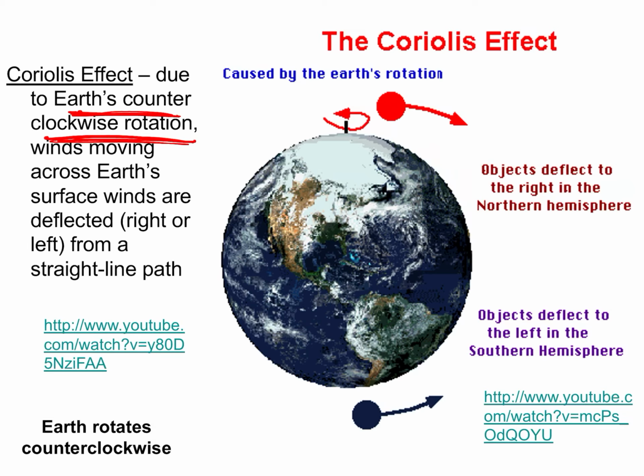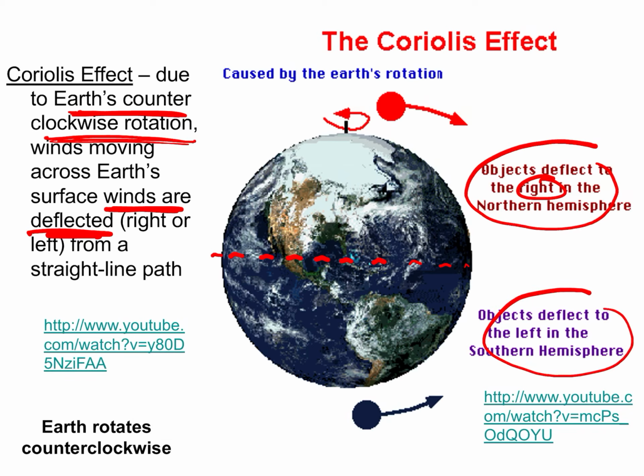Make sure you know it. It's going to be a question on your quiz on Friday. Earth's rotation causes winds to deflect. And a big one that you have to know is, if this is the equator, in the northern hemisphere, they're going to bend right, and in the southern hemisphere, they're going to bend left.